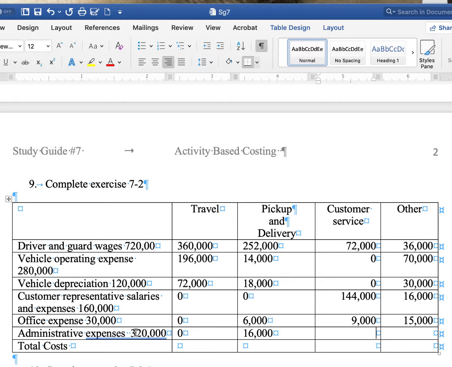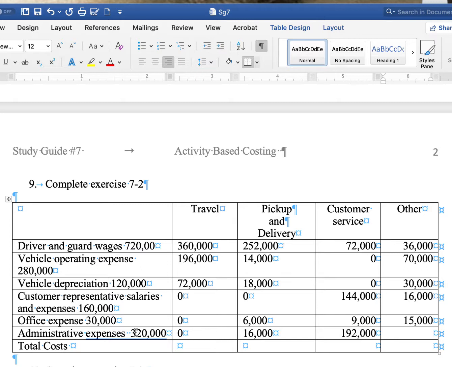Oh geez, probably about 60%. That's pretty much the majority of the stuff that we do is deal with customers. Great. So we say that customer service consumes 60% of administrative expense. 60% times the 320 gives me $192,000.